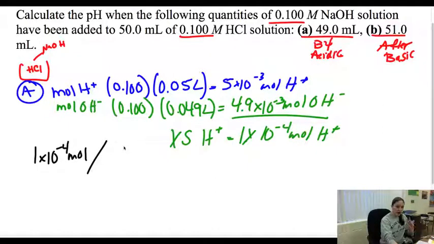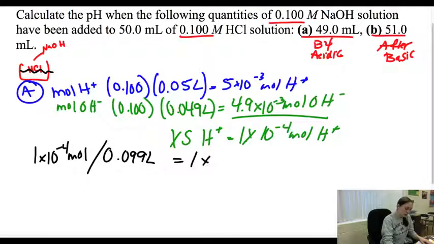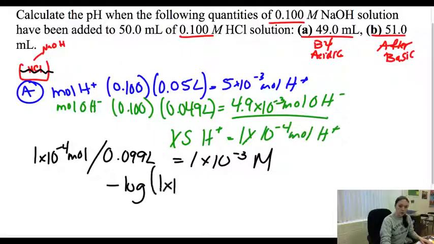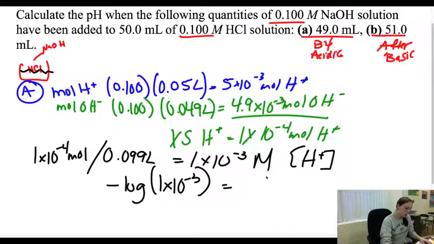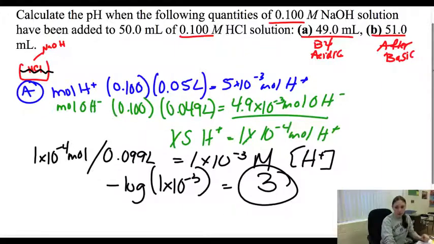It's the two volumes added together because that's how big my solution is in the beaker. So I add 0.05 and 0.049, which is 0.099 liters, giving 1 times 10 to the negative third molar. So I do negative log of 1 times 10 to the negative third because that's the molarity of my leftover H plus. It's going to give me a pH of 3, which totally makes sense because we are acidic.